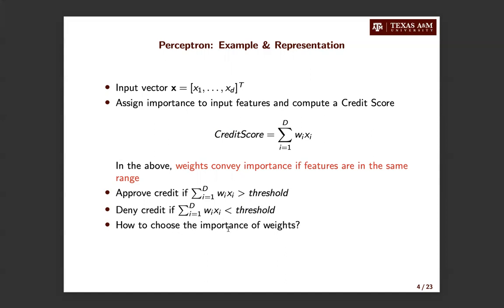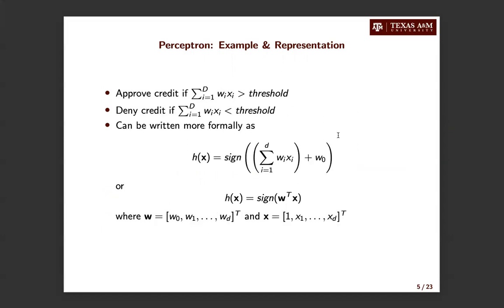The question here is how to choose the importance of the weights, and also how to write these expressions in a way that they can be translated into vector multiplication, and into this specific problem of drawing a decision boundary via a line or a hyperplane.